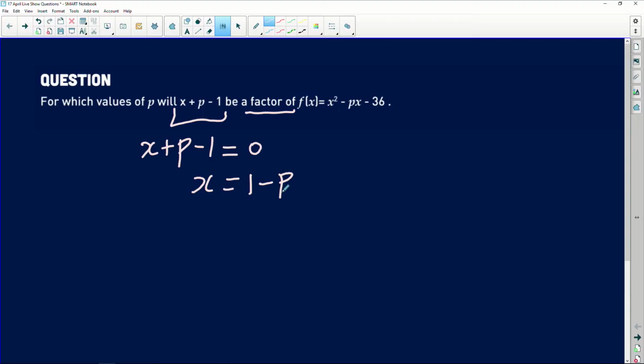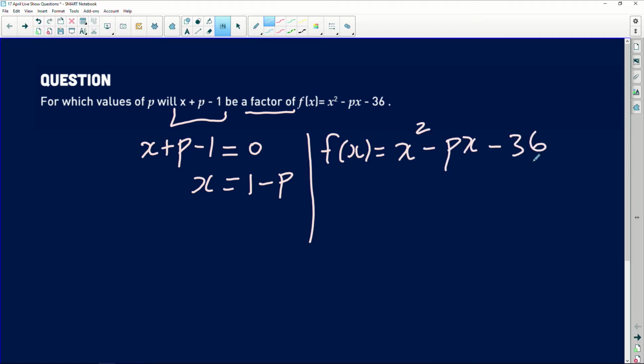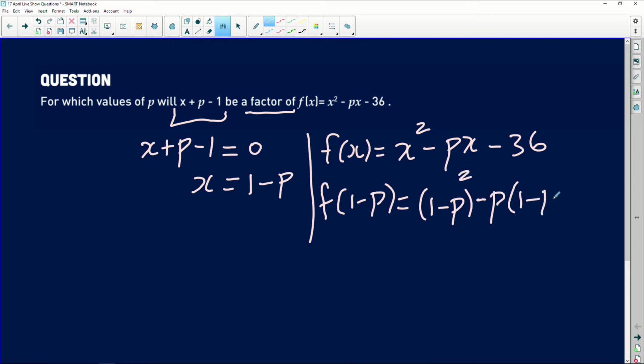So let's see what will happen if I take my function f of x, which was given to us as f of x equals x squared minus px minus 36. I'm now going to substitute for x the value 1 minus p. If I find f of 1 minus p, this will be (1 minus p) squared minus p into (1 minus p) minus 36.